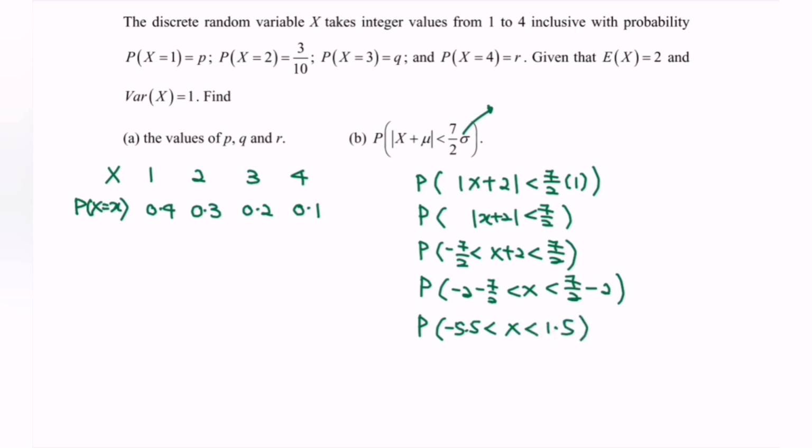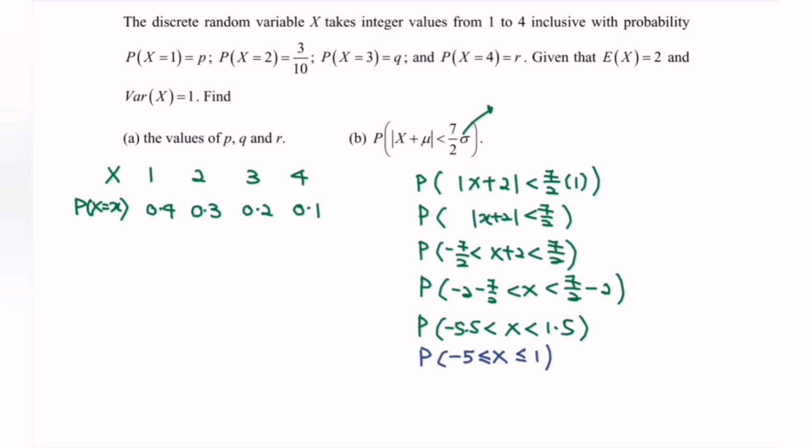As we all know, this is a discrete random variable, so the sign is very important. So kindly modify the situation. The probability that X is greater than or equal to negative 5.5 will become negative 5, and less than or equal to 1.5 will become 1.